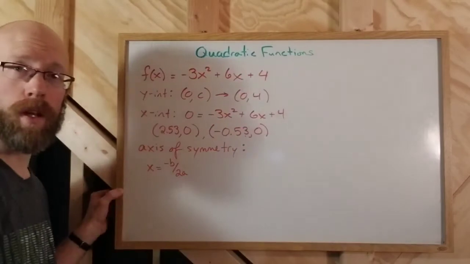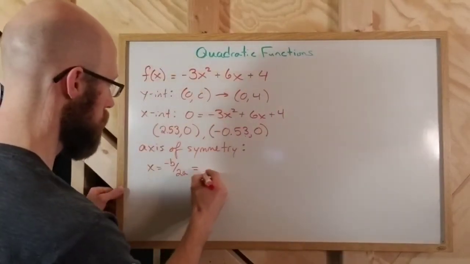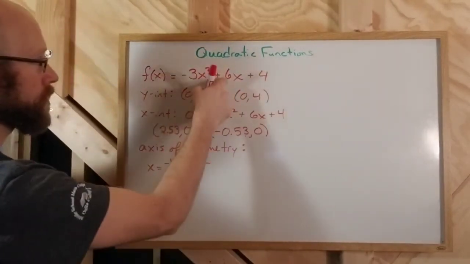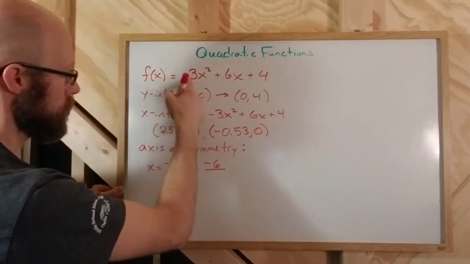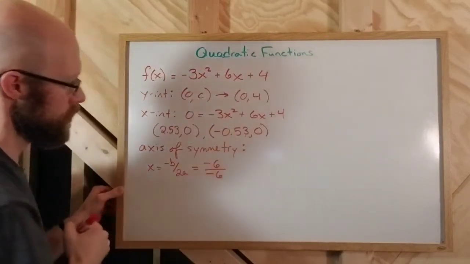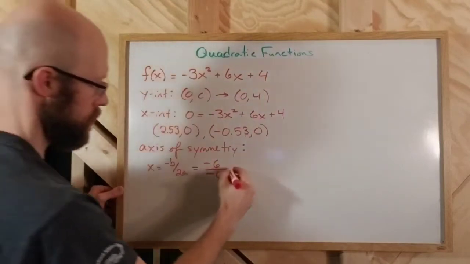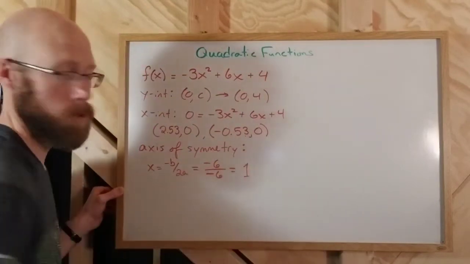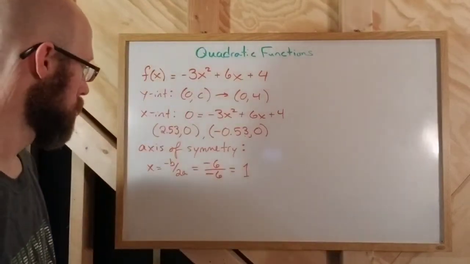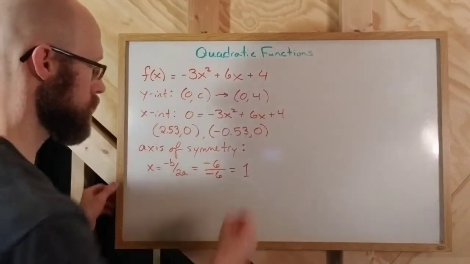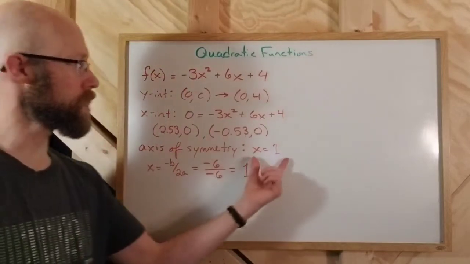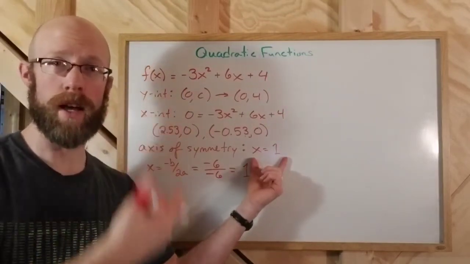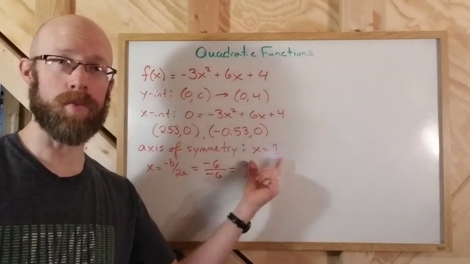So now I just plug in the b and the a, so that'd be a negative 6, the b is 6, and the 2a, well, 2a is also negative 6, and so what we end up with there is simply a 1. All right, so that's my axis of symmetry, just simply x equals 1. Okay, and it does need to be an equation because vertical lines are defined by an equation with an x in them.